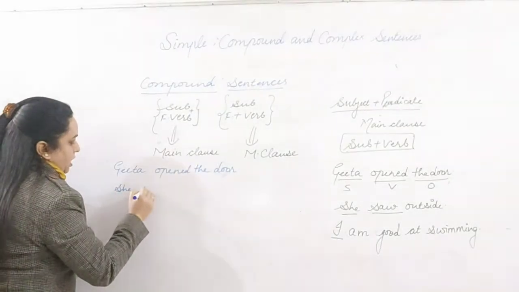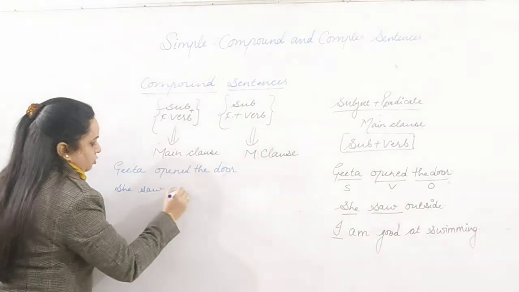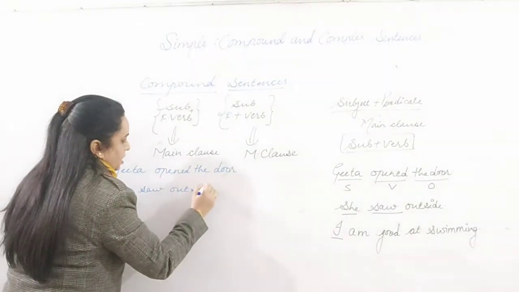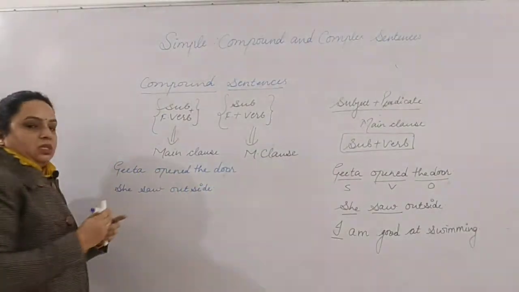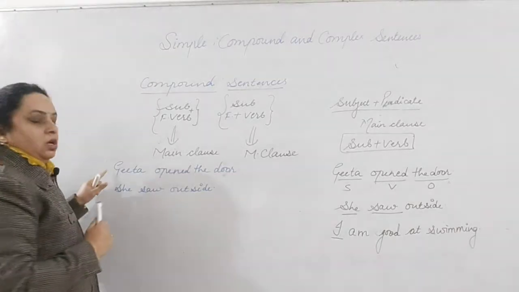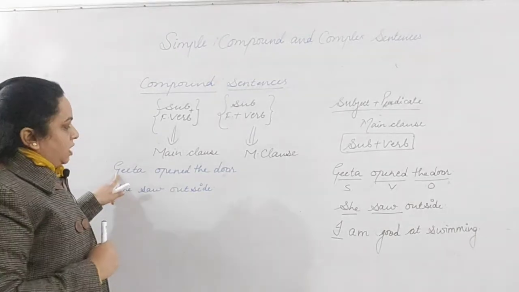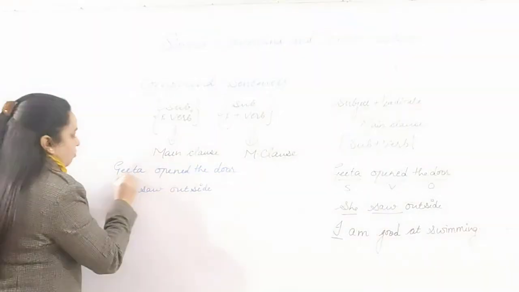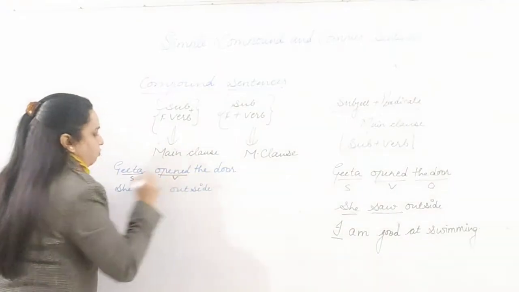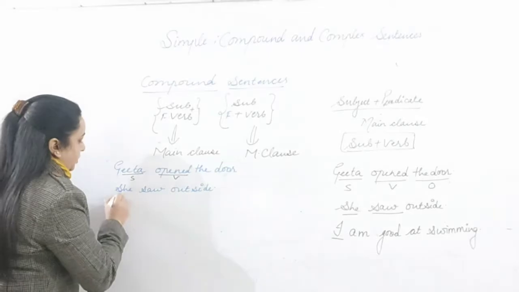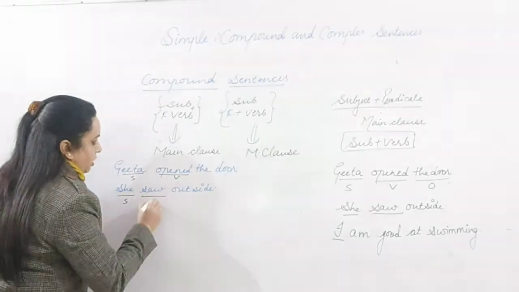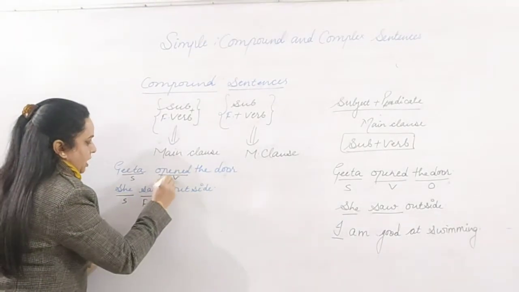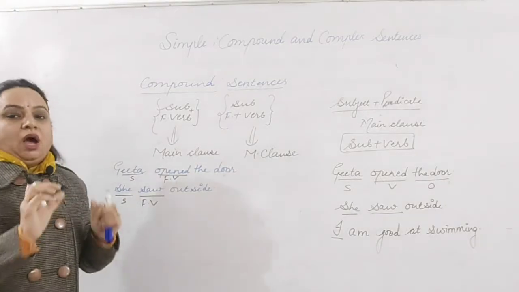"She saw outside." What is this? The first one is simple, this one is a main clause, and this is also a main clause. Moreover, each has one subject and one finite verb. Now what do we need?